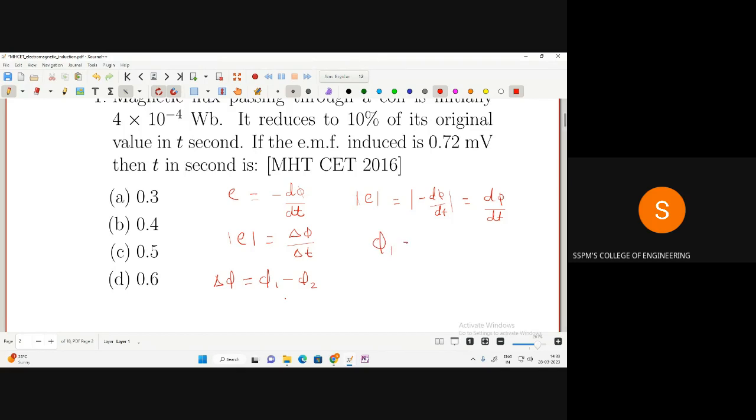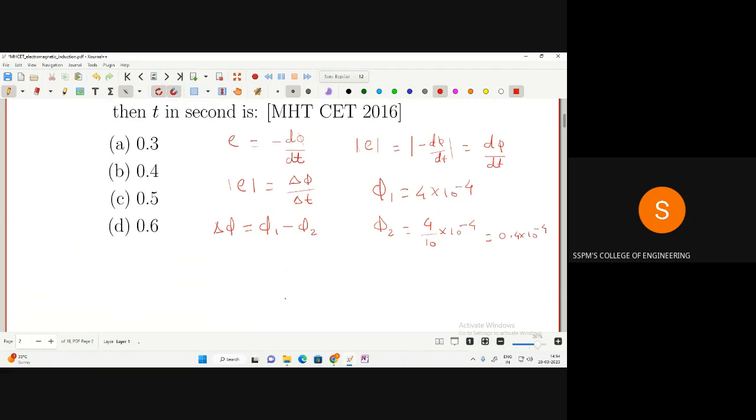The initial flux is given. What is the initial flux? Initial flux is 4 into 10 to the power minus 4. And the final flux, it reduces to 10%, and it would be 4 divided by 10 into 10 to the power minus 4, which is equal to 0.4 into 10 to the power minus 4. Then find the change of flux.